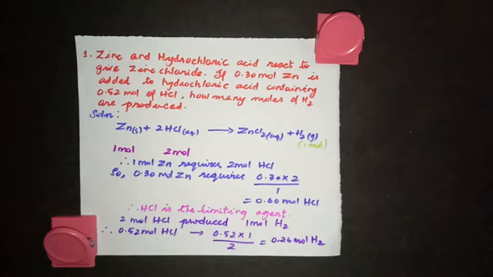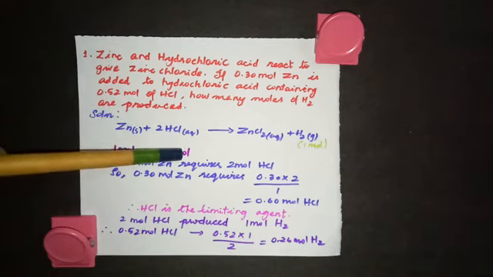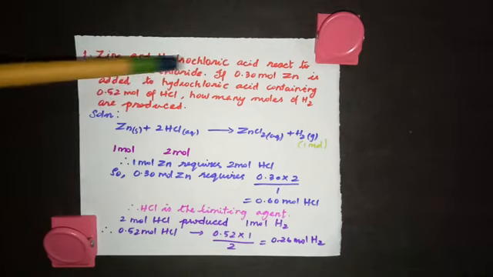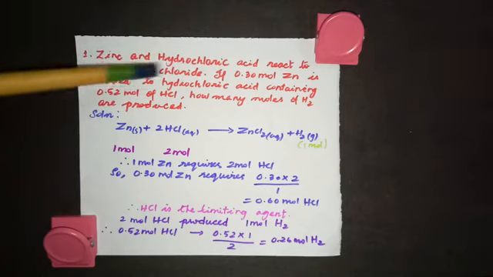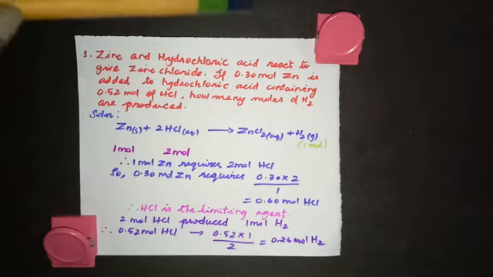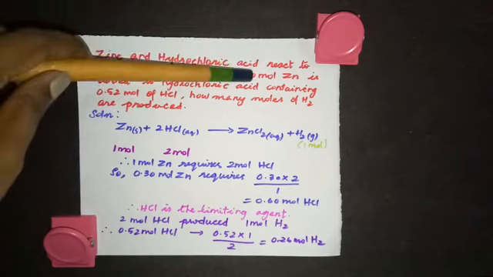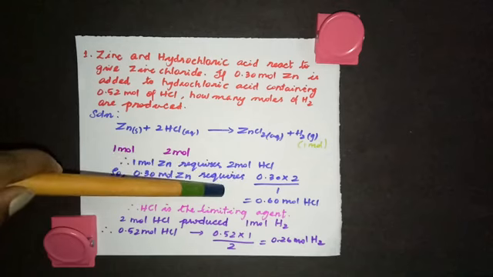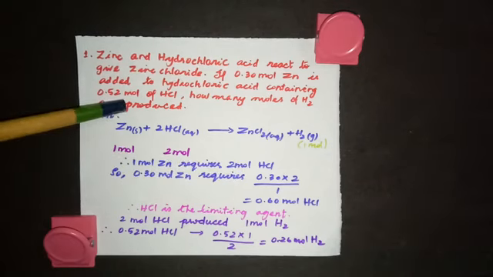The first step, frame the chemical equation and write the stoichiometry of the equation. According to this equation, what are the amounts of reactants? And then in the question, 2 quantities will be given for the reactants. Fix one and find out according to the equation for this quantity of reactant how much quantity is required, and then compare with the given quantity.